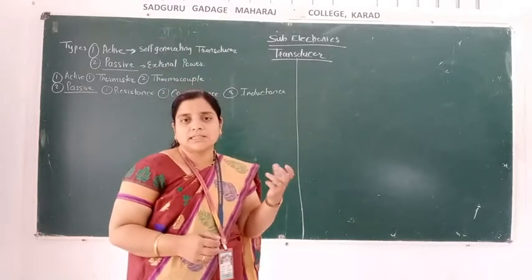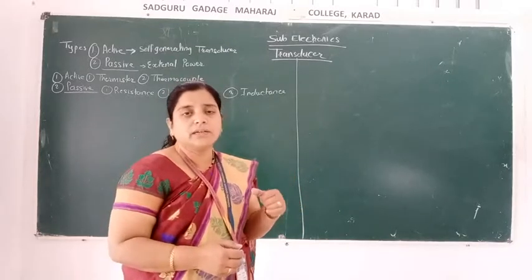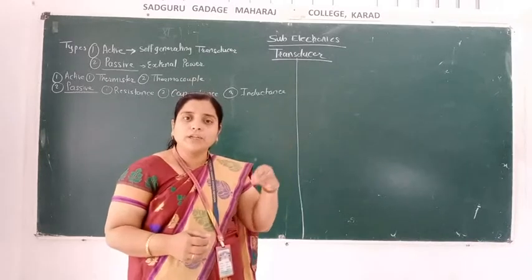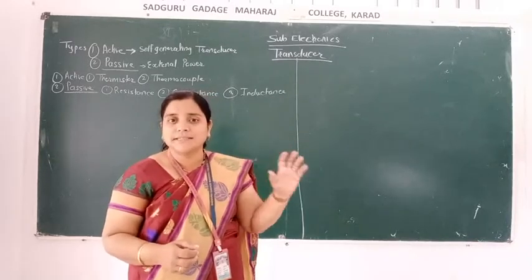What is a resistor? A resistor is that which opposes the flow of current, and the property of opposing the current is called the resistance.